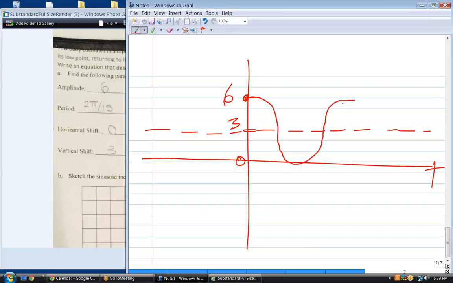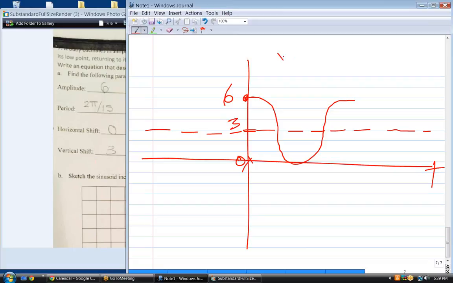Sine or cosine? Cosine? Right. A non-phase shifted cosine. I don't need to do any horizontal shifts at all to this, because they told me the high point came at time 0, right there. So I'm good to go if I use cosine.